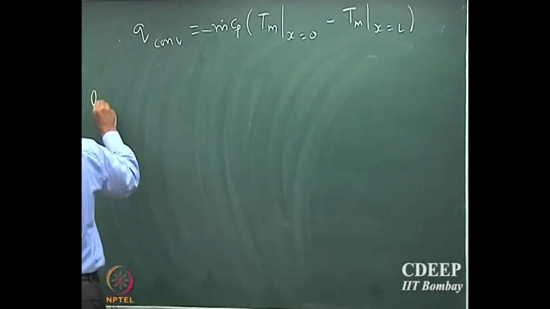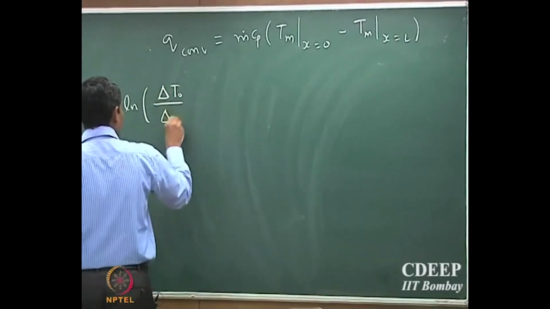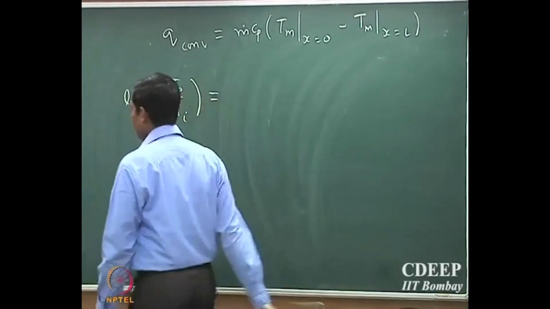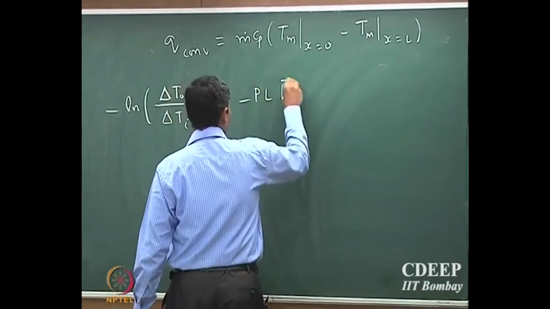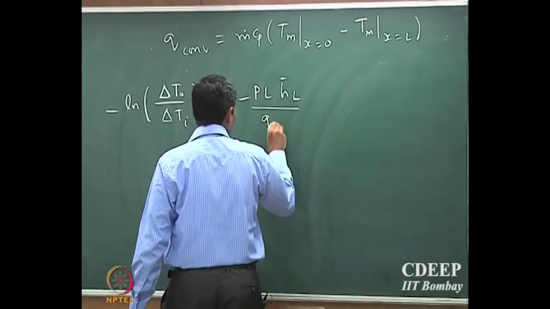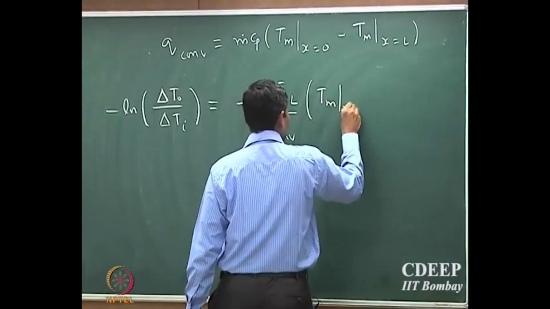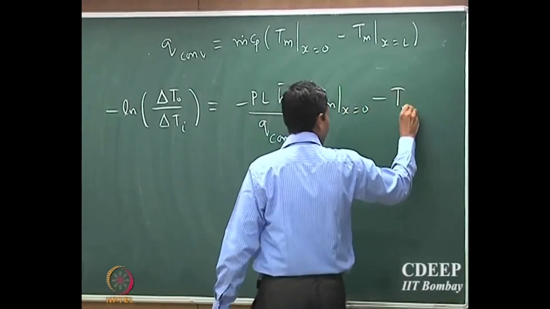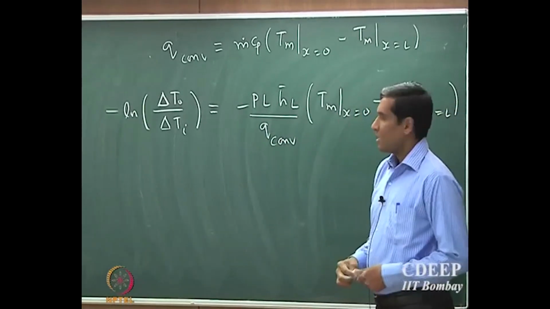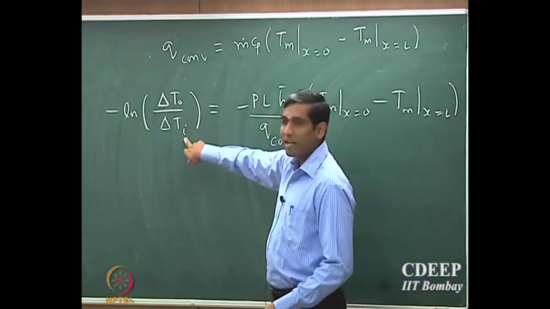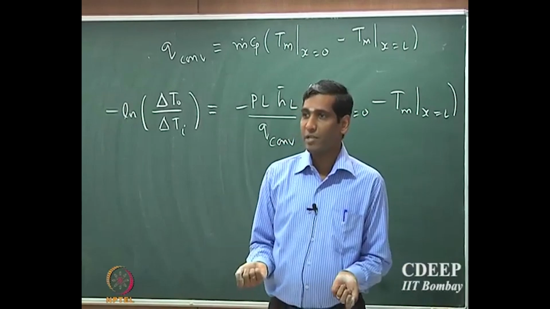So, I will have ln delta T naught by delta Ti, that is equal to minus PL H bar L divided by Q convection into Tm at x equal to 0 minus... But we know that delta T naught and delta Ti are the difference in the surface temperature and the corresponding cup mixing temperature, right.